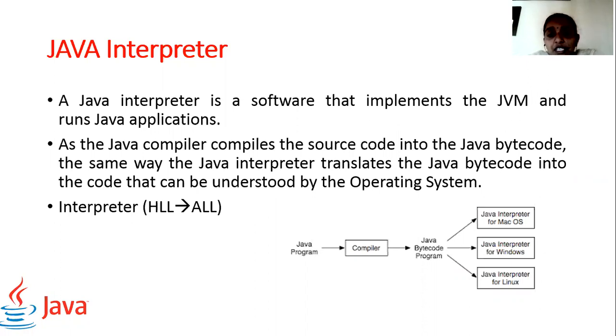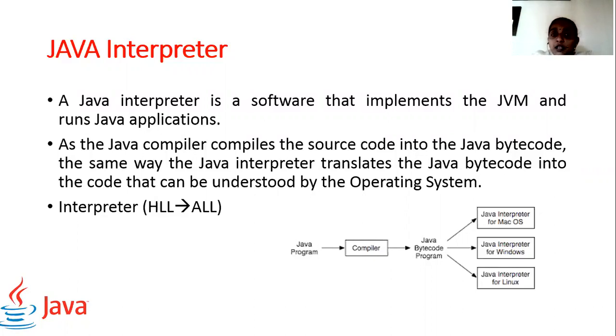Just as a Java-C compiler converts a .java program into the .class Java bytecode program, the Java interpreter translates the bytecode program into an assembly level language program which could be understood easily by any operating system, be it a Mac OS, a Windows OS, or a Linux OS.